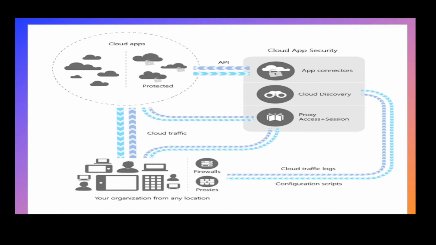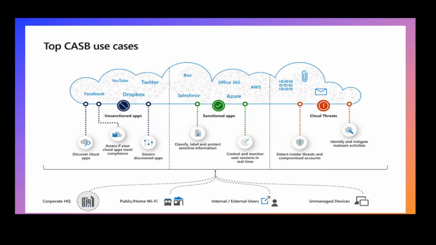And also, how do you look at shadow IT? For example, your organization might have a different set of applications run by the business team. Having a system like Cloud App Security gives you that full end-to-end view of what's happening in your organization.